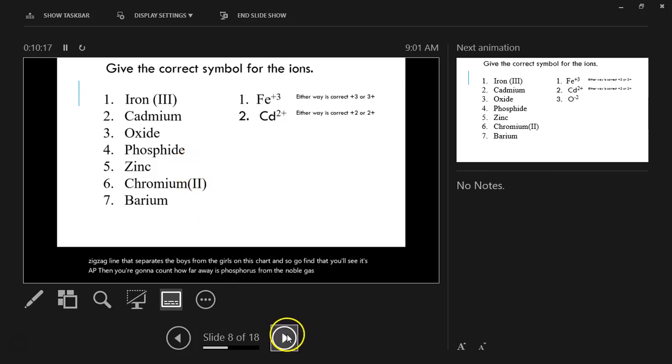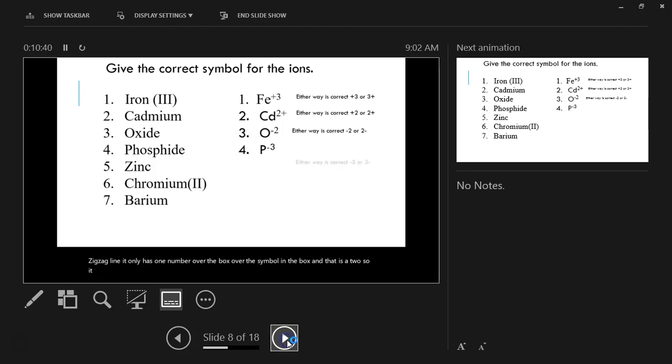It's 3 away, so it is a -3 charge. Okay, how about zinc? Zinc is not changing its name, so it's on the left-hand side of the zigzag line. It only has one number over the symbol in the box, and that is a 2. So it is a positive 2.